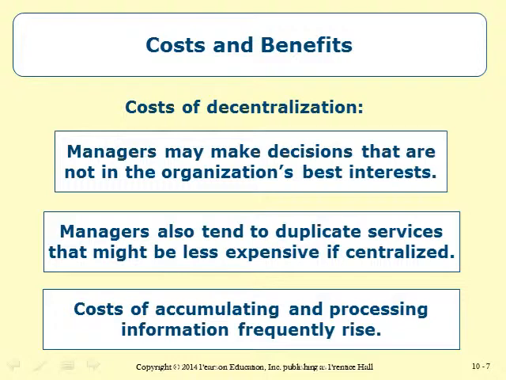Local managers also tend to duplicate services that might be less expensive if centralized, such as accounting, advertising, and personnel. Furthermore, costs of accumulating and processing information frequently rise under decentralization because top management needs additional accounting reports to learn more about and evaluate decentralized units and their managers. And finally, managers in decentralized units may waste time negotiating with other units about goods or services that are being transferred between units.